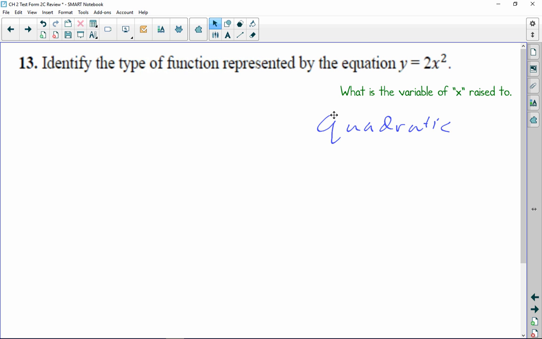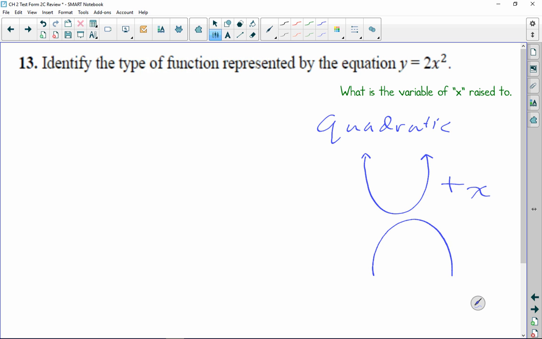What shape does this make? A U. Okay, if it's facing up, then the x is what? Positive. If it's facing down, the x is negative. Which x does it have to be? It has to be the x that's raised to the second power, because you're going to have some other x's out there, right? Negative, positive.